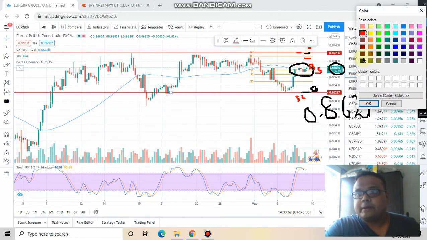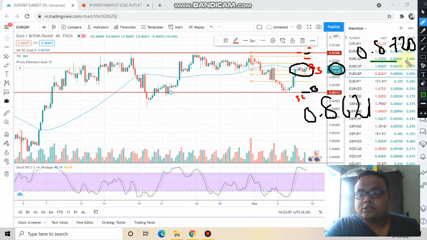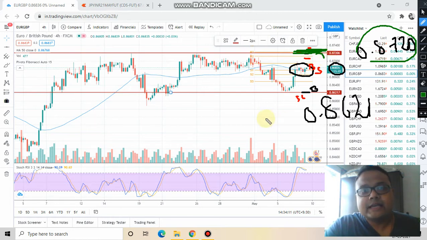If the market goes up and hits this resistance level, 0.8720, then just observe the price. If you see that price is struggling near the resistance and is about to reverse, you can short the market once you get confirmation that sellers are still present, in the form of an inverted hammer or shooting star kind of pattern, price rejection from above.